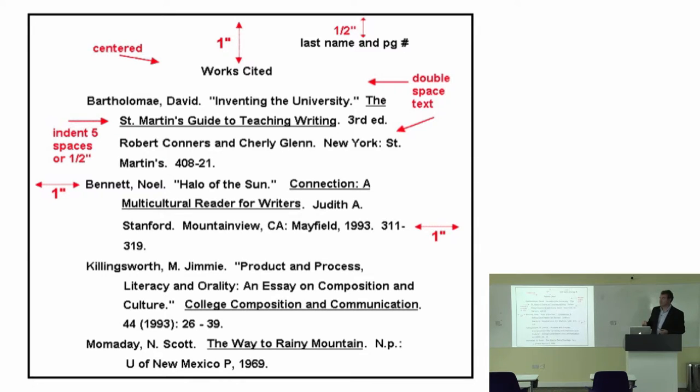The other thing it allows you to do is it directs you from the text itself, where you're talking about the author and his or her ideas, to the works cited pages so that I can find the work in question and go consult it myself if I want to follow up with discussion. Yes? What if it's a website? Good question, and one that we're going to look at in just a minute.